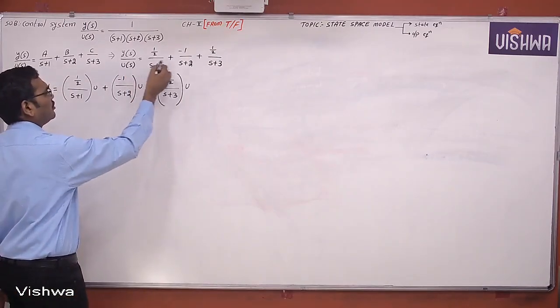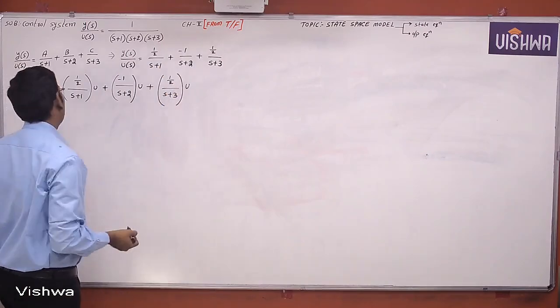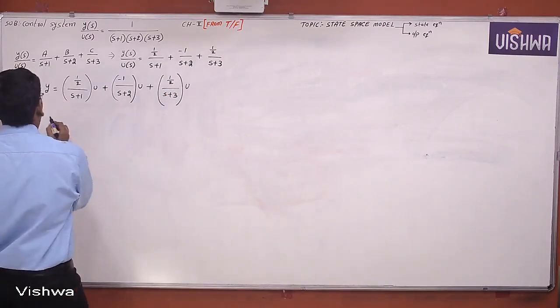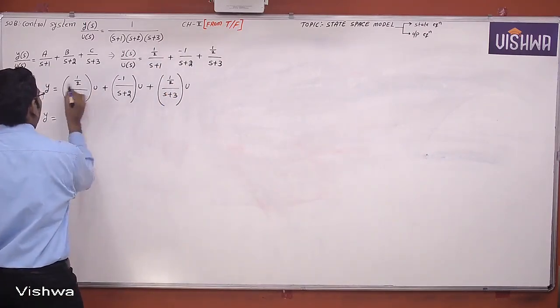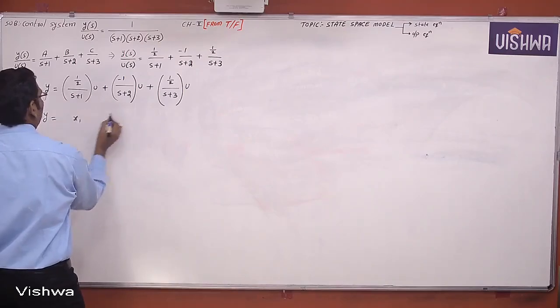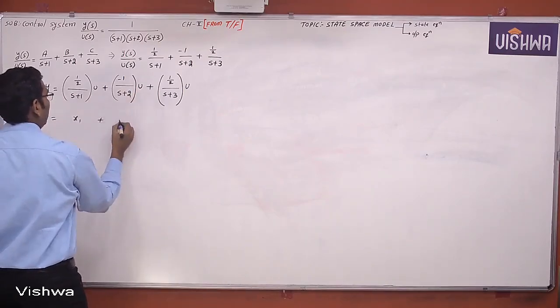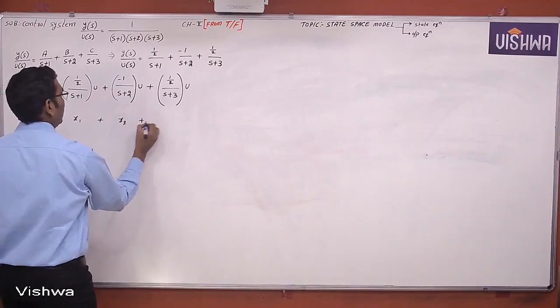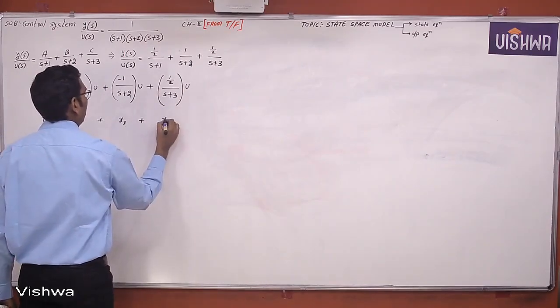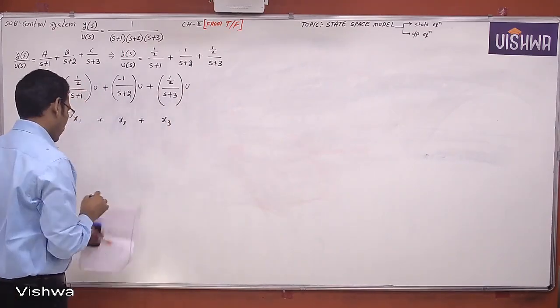Now here, in the partial fractions, U is just multiplied with these three terms. So let us take Y as equal to this total X1 plus this total X2 plus this total X3.